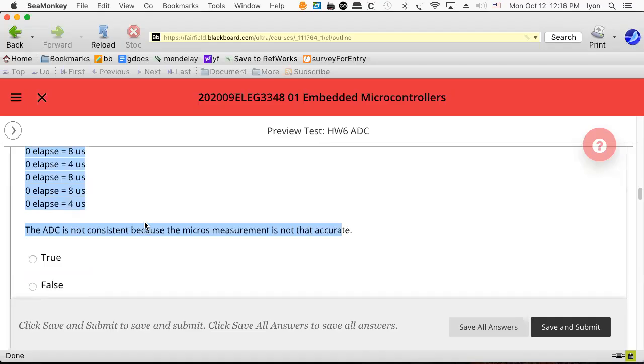Measuring with micros is not the most accurate way to measure things if we want to get down to the microsecond, because it's only accurate to within 4 microseconds. So it looks like the A to D converter is not consistent. Look, we're getting different conversion times. What's going on? Well, the micros measurement is not that accurate. That's just a limitation of the micros measurement, put it that way.